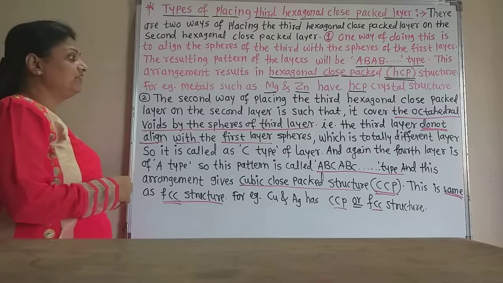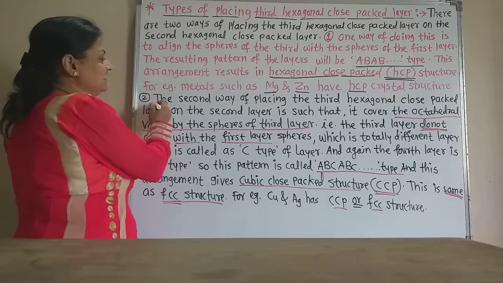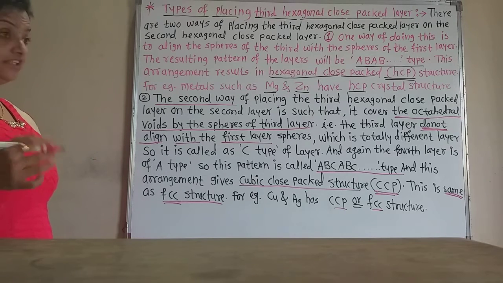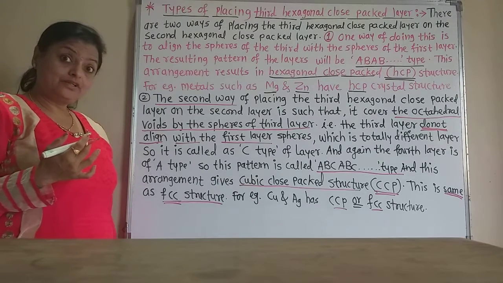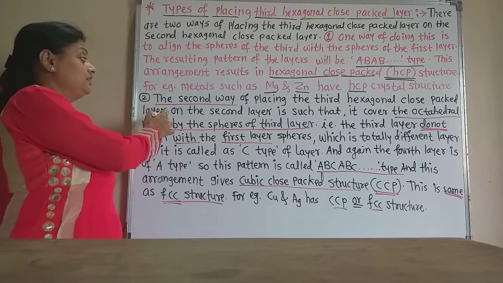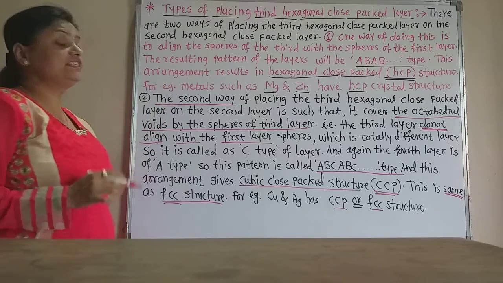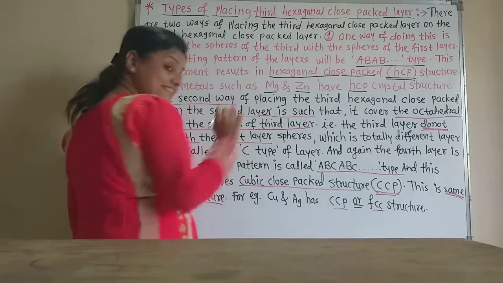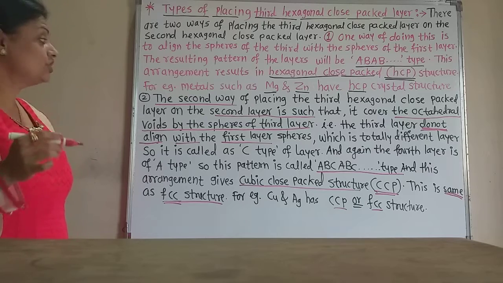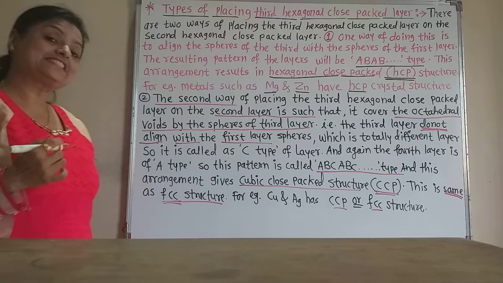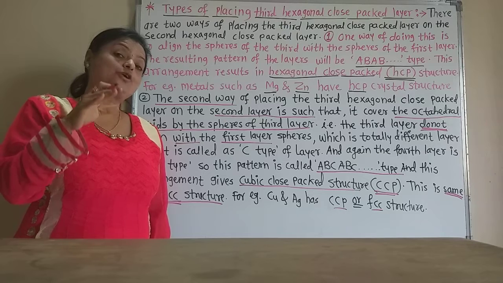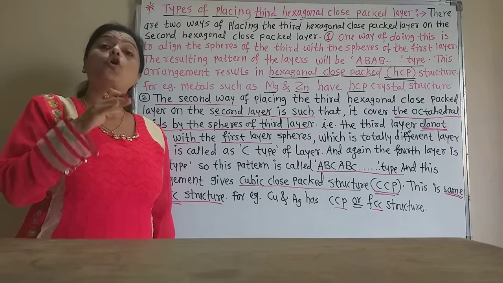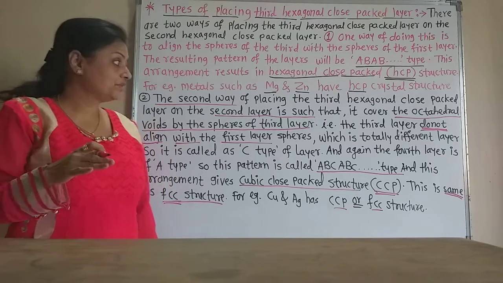Now the second way of placing the third layer in the hexagonal close pack is such that it covers the octahedral voids. Place the third layer of hexagonal close pack on the second layer in such a way that the octahedral void must be covered.